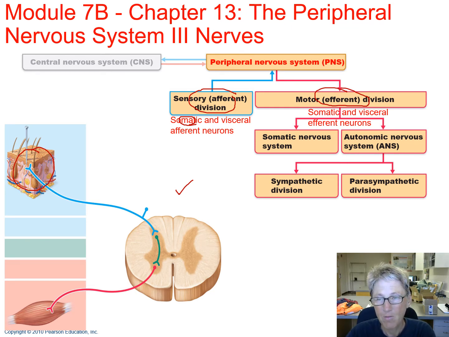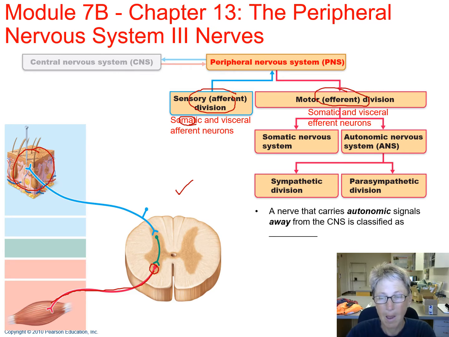And then the motor efferent division, you would have somatic motor efferent neurons, and those would be motor neurons that would go out to effectors like skeletal muscle. And then the visceral motor efferent neurons would go to the viscera, so the heart and the lungs, etc.